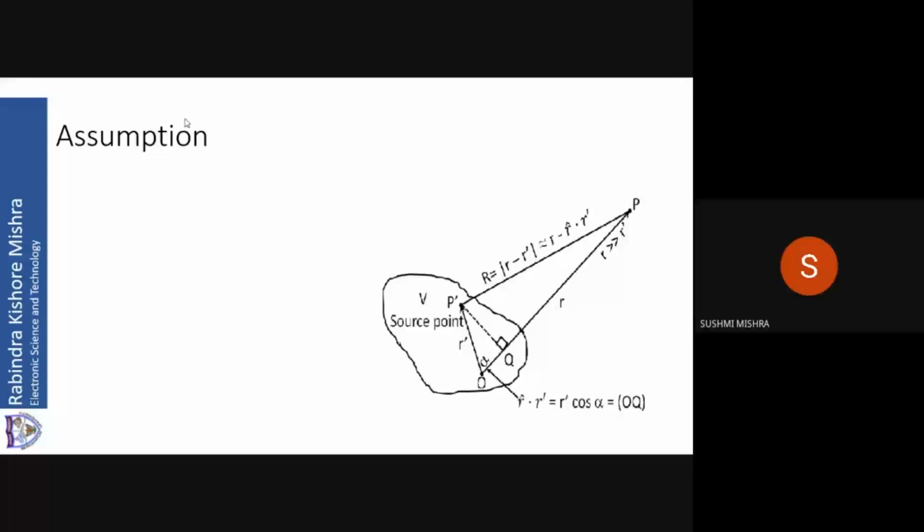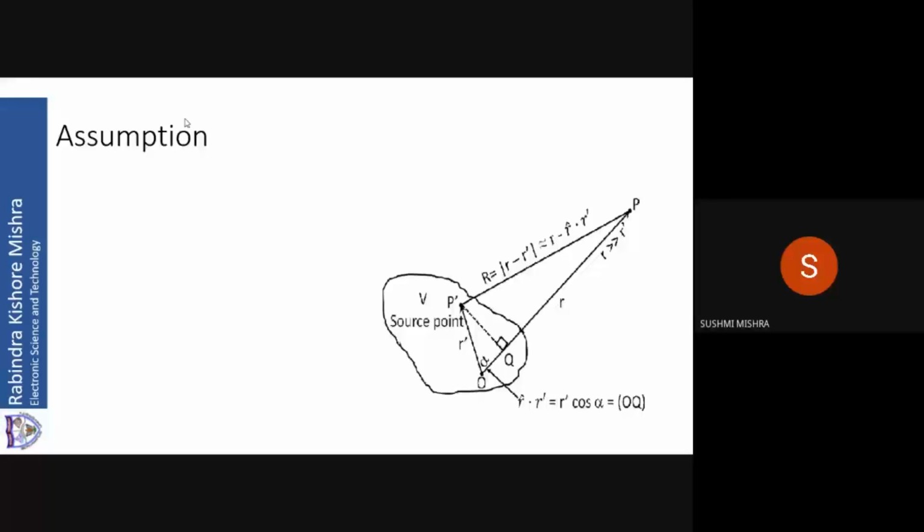Then OQ naturally will be equal to r dash cos alpha, which will be the projection of r dash onto PO or onto r.